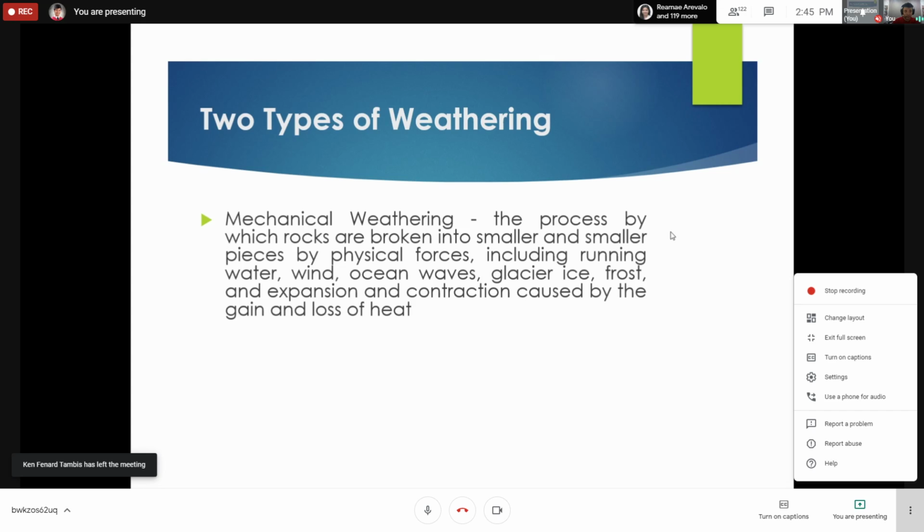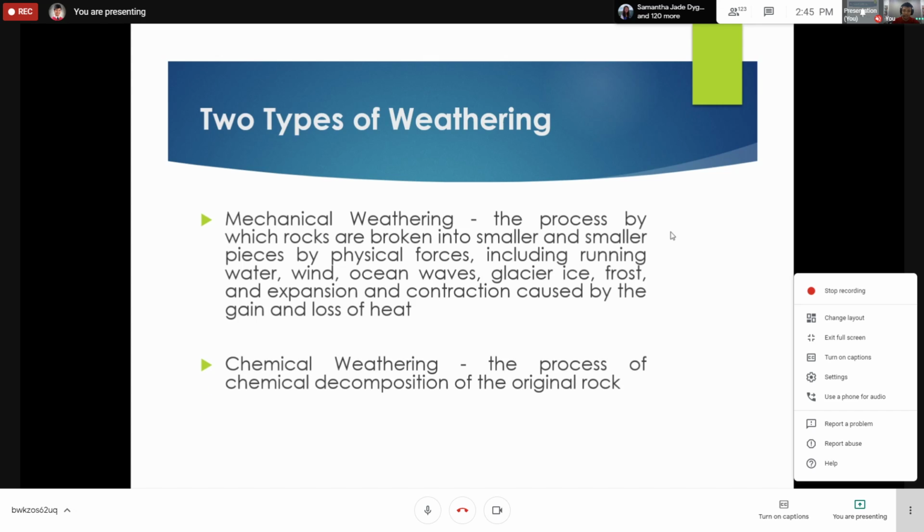So from bigger pieces of rocks, brought about by the change in weathering, that is where your soil comes from. Mechanical weathering is the process by which rocks are broken into smaller and smaller pieces by physical forces. Whatever the physical force, as long as the chemical composition remains unchanged, it is brought about by mechanical weathering.